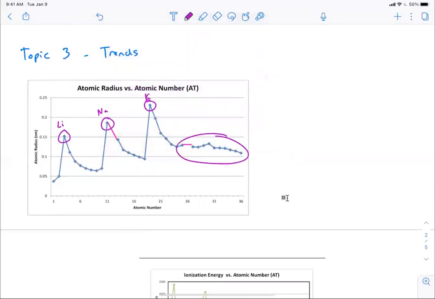This section here, your transition metals, because you are adding inner electrons and protons, the radius doesn't change that much. And so you'll see those sections here, and you'll see that kind of continuous decrease in atomic radius until you get to the next energy level, and then it goes back up.